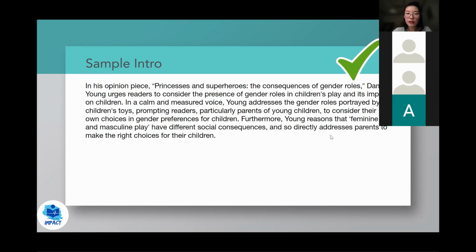All right, how's that for time? Shall we get started on what are some of the good things in this introduction? Yes, great start. We've got discusses the authorial intention.